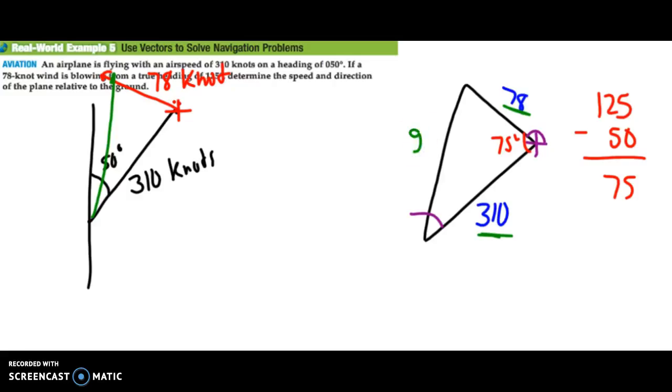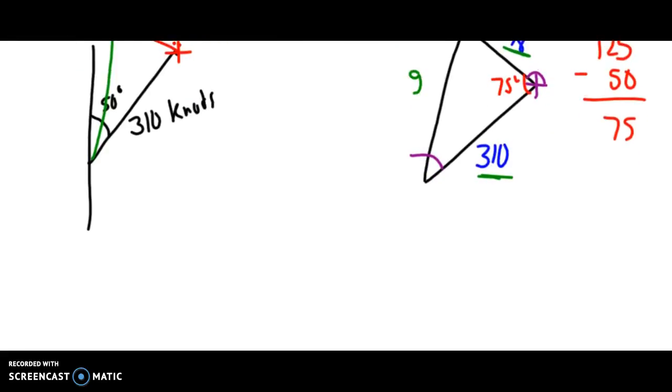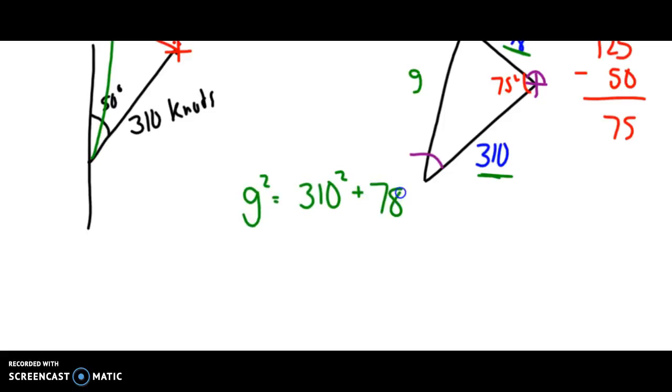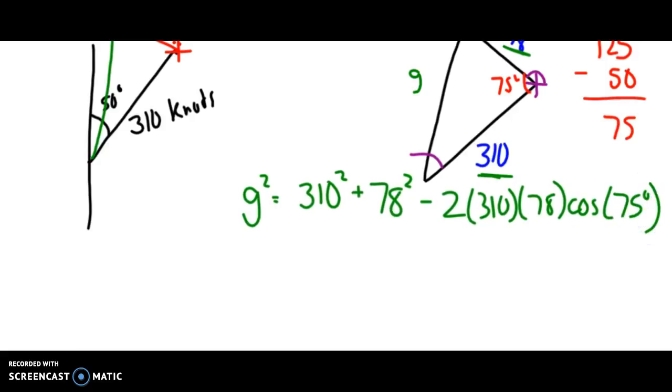So I'm going to say, g squared is going to be equal to a squared, which was 310, plus b squared, 78, minus 2 times 310 times 78 times cosine of 75 degrees.